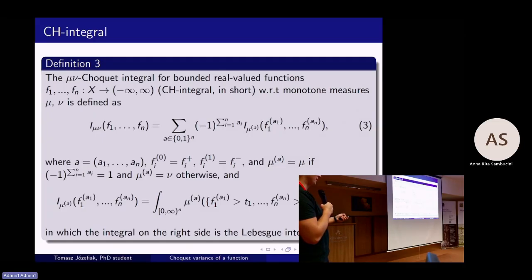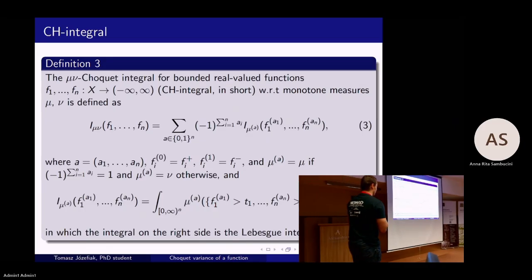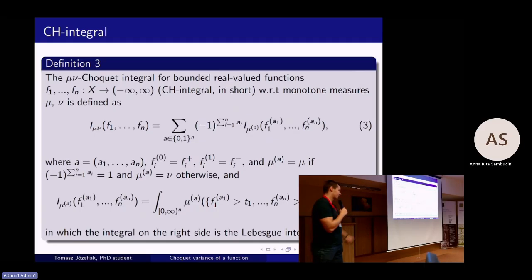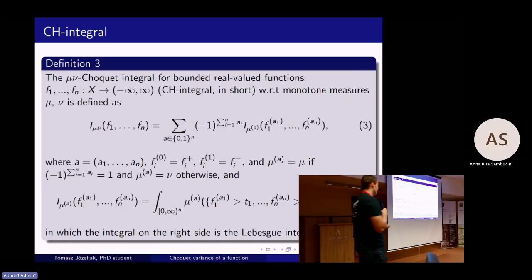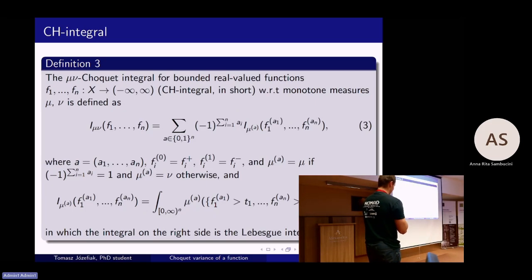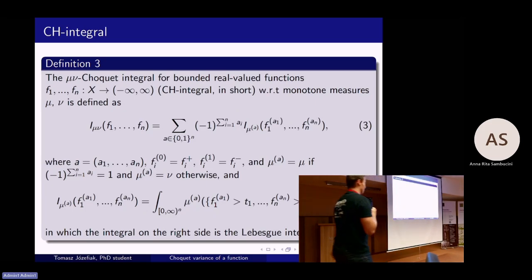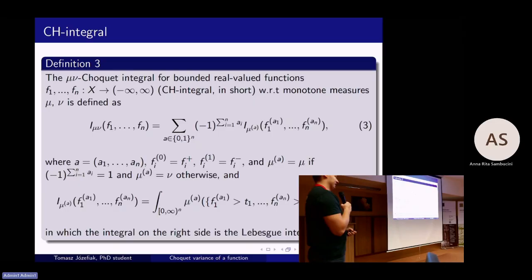This is the general formula, and this is the part for all of the non-negative functions. The basic idea is that we are using different measures depending on whether the product of these functions is positive or negative.